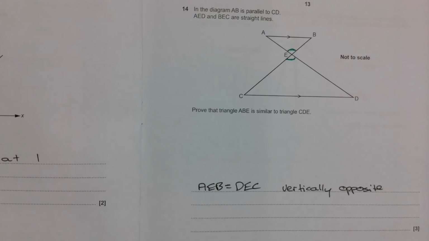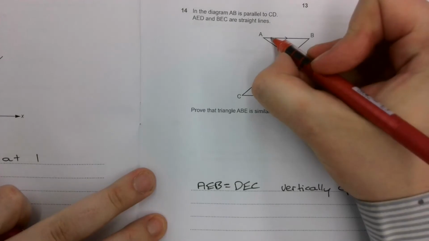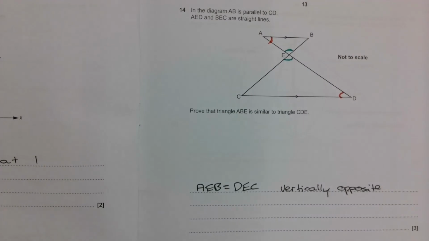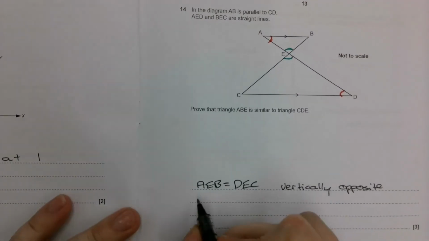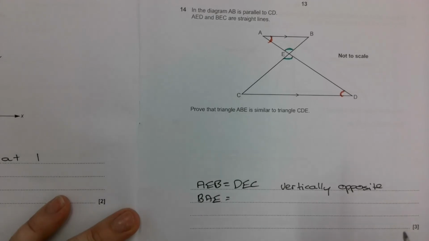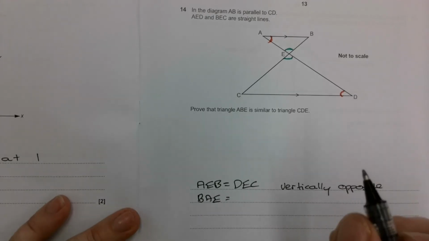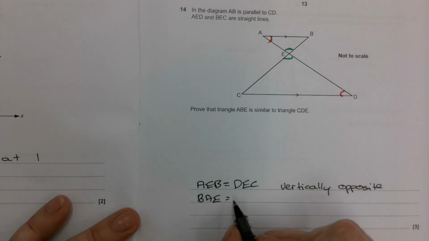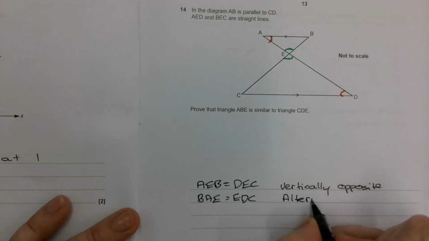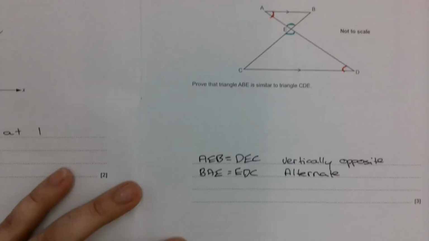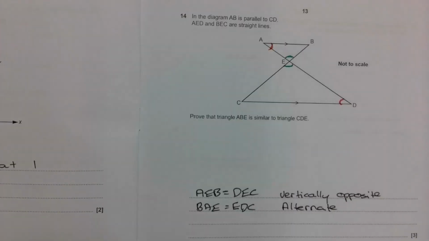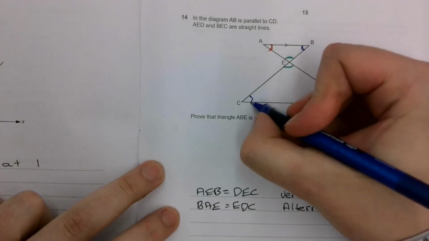Okay. Some more angles that should be the same. This angle should be the same as this angle, and they are because BAE is equal to EDC. They are alternate. And then we need to prove that the other two angles here and here are the same.